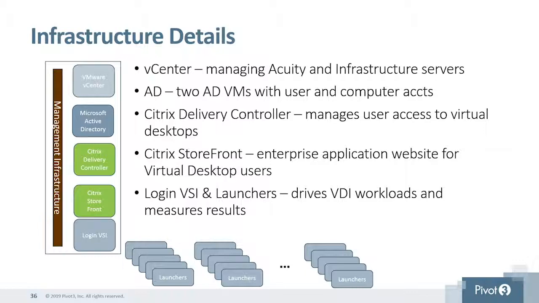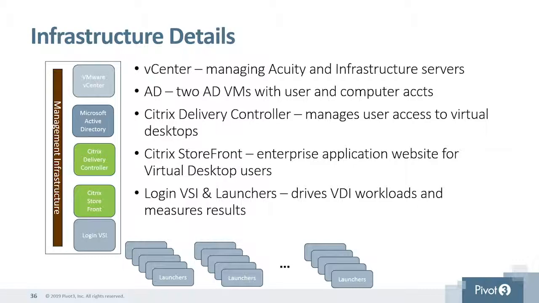Citrix Delivery Controller manages virtual desktops and does all of those controls for your Citrix deployments. Storefront, and a separate VM, which runs the website applications, and then the Login VSI launchers and drives and file shares. There were 40 launchers in the testing that we did here.